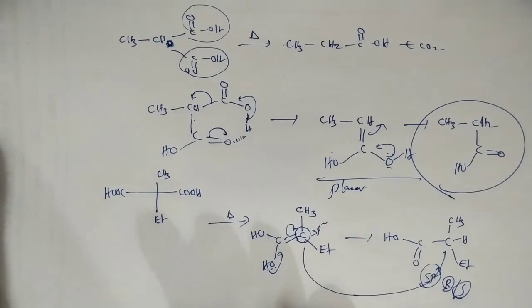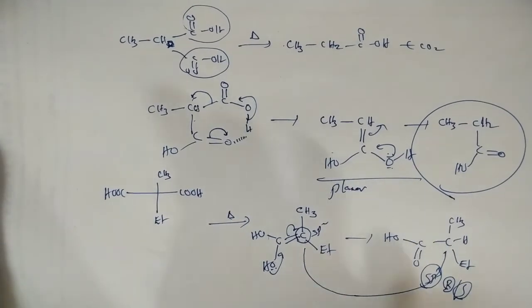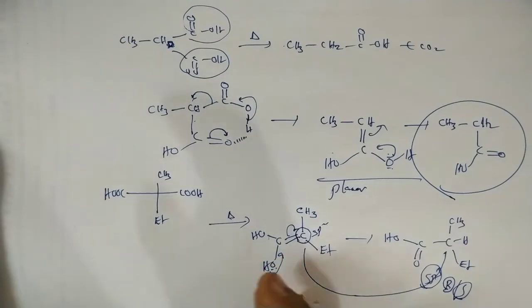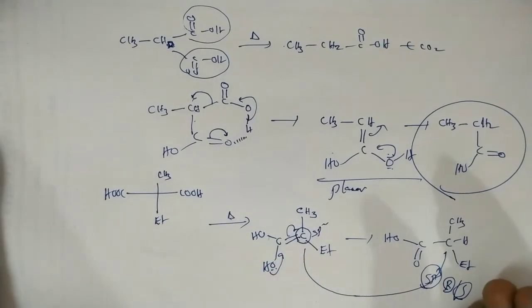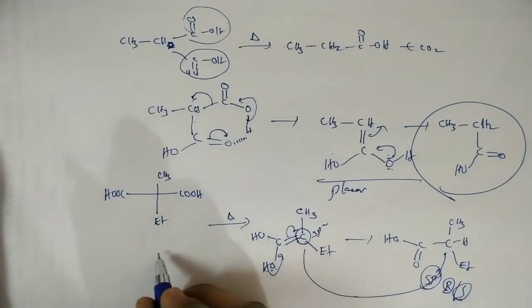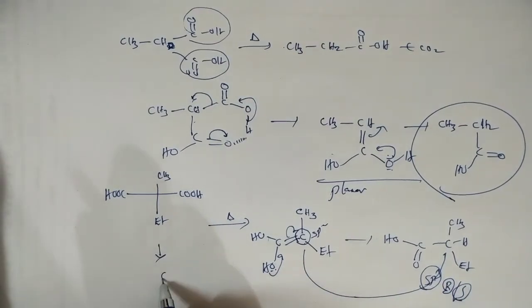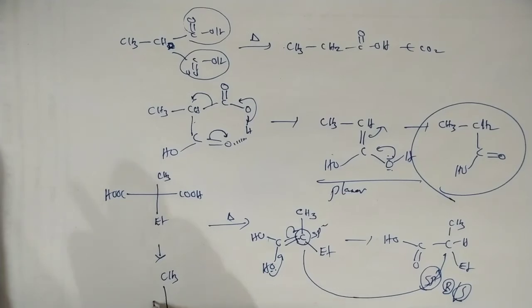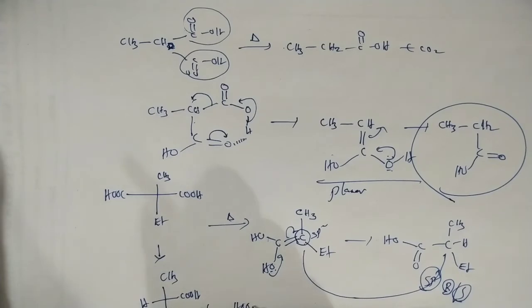That means there is a possibility of two isomers, because whenever a planar compound converts into non-planar, the groups can change: in one case one group is above the plane, or in another case the same group is exactly below the plane. So in this decarboxylation, we will get the two isomers. For suppose COOH and here hydrogen and ethyl, plus or COOH.